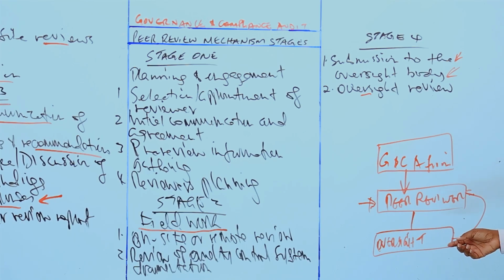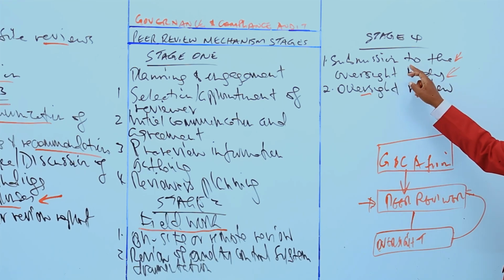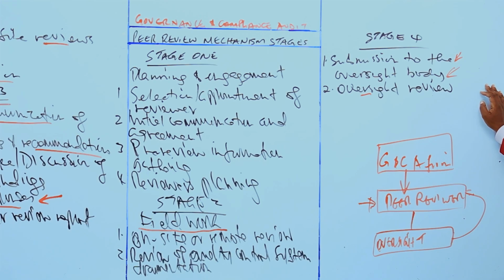The oversight body also conducts this review to determine if the findings are adequately supported, because in preparing the peer review report, the reviewer has to ensure that he has sufficient evidence to support the findings.